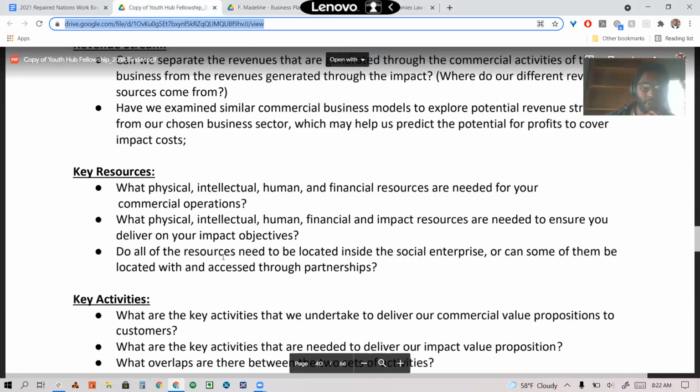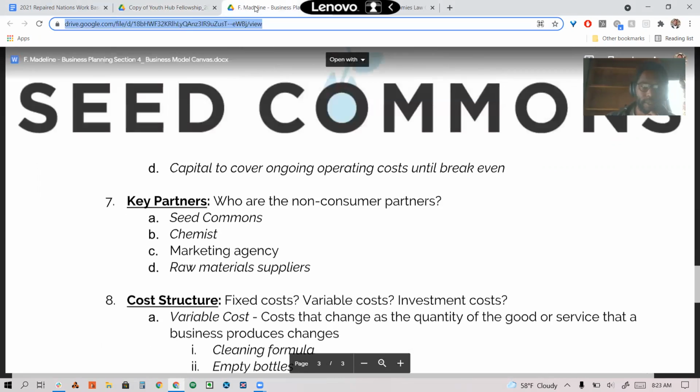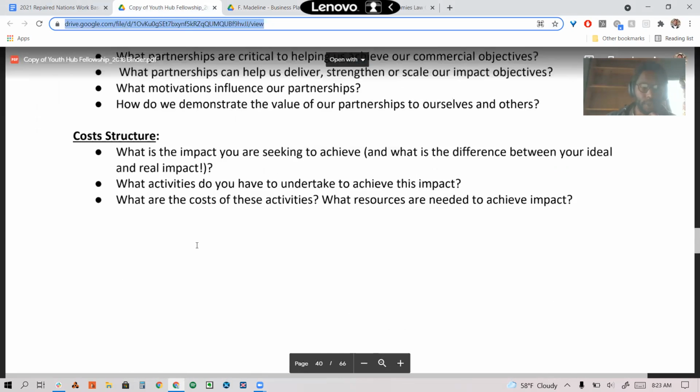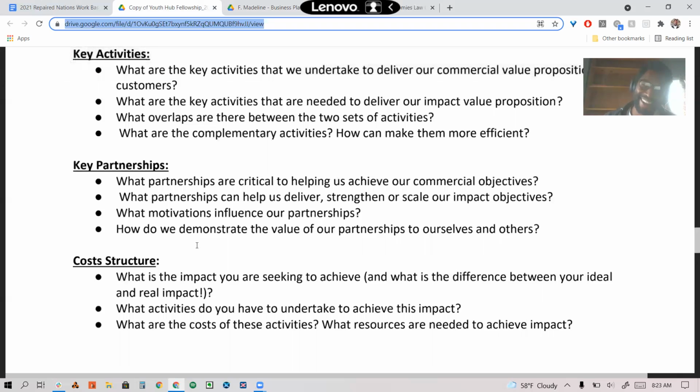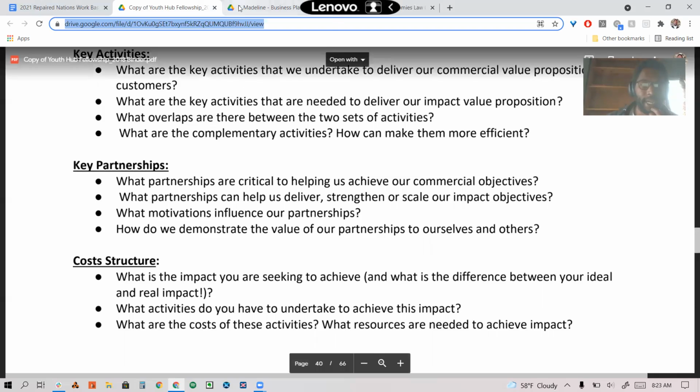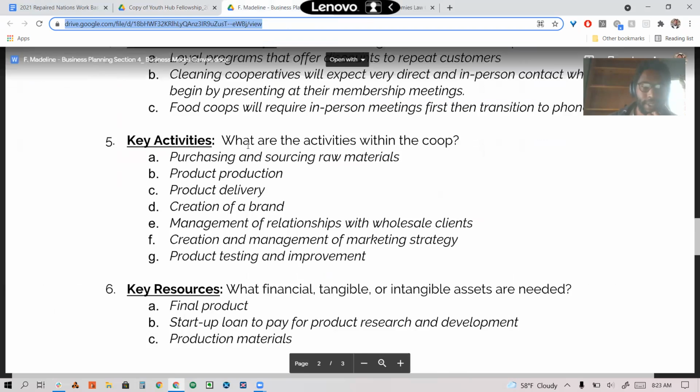The Youth Impact Hub questions ask, what partnerships are critical to help us achieve commercial objectives? What partnerships help us deliver, strengthen, and scale our impacts? What motivations influence the partnerships, and how do we demonstrate the value of our partnerships to ourselves and others? All questions you can consider when filling out that partnership section.